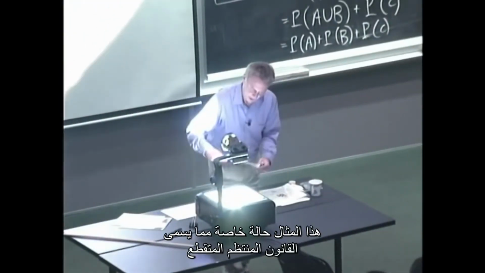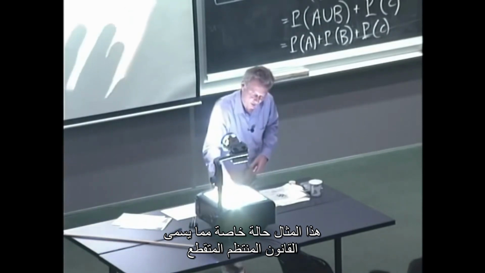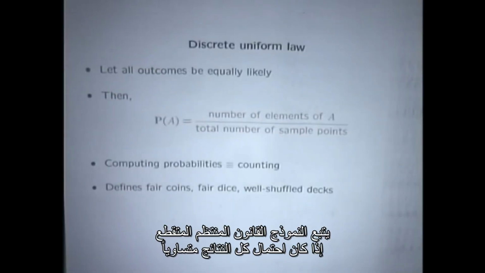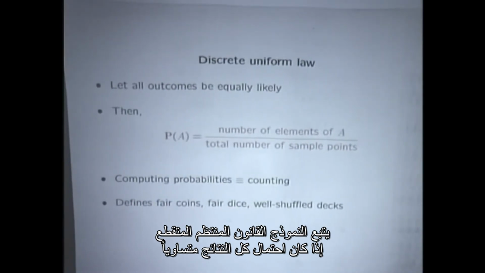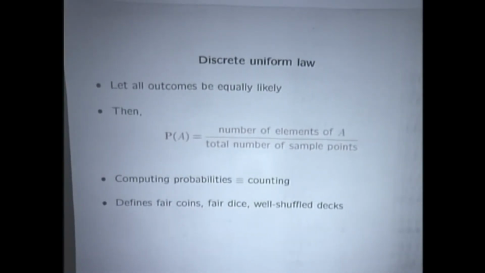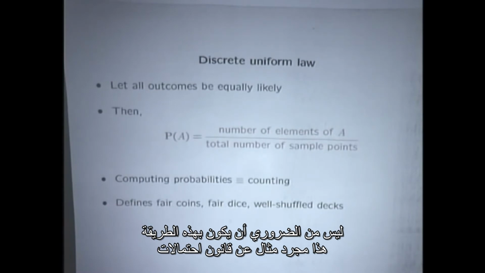This example is a special case of what is called the discrete uniform law. This model obeys the discrete uniform law if all outcomes are equally likely. It doesn't have to be that way. That's just one example of a probability law.